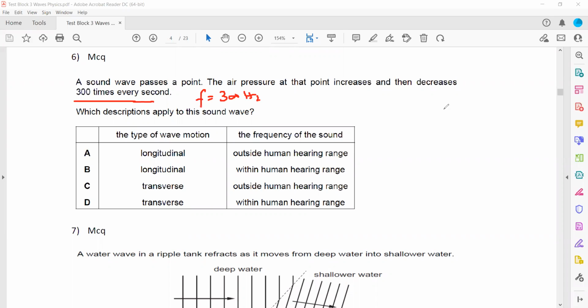The audible range for a normal human ear is from 20 hertz to 20,000 hertz. So this is within the audible range, because we can hear 300. And what kind of waves are sound? Sound waves are longitudinal. So it is a longitudinal wave and it is within the audible range.